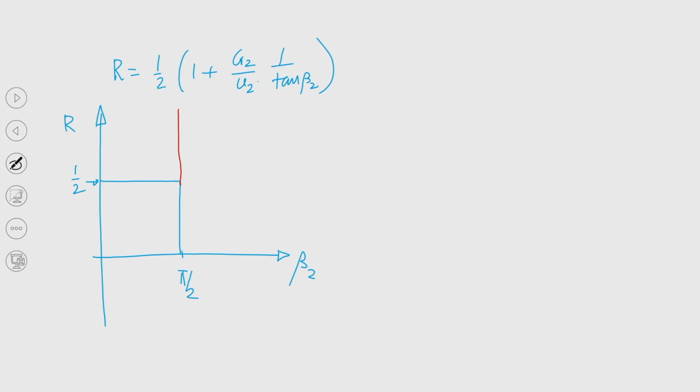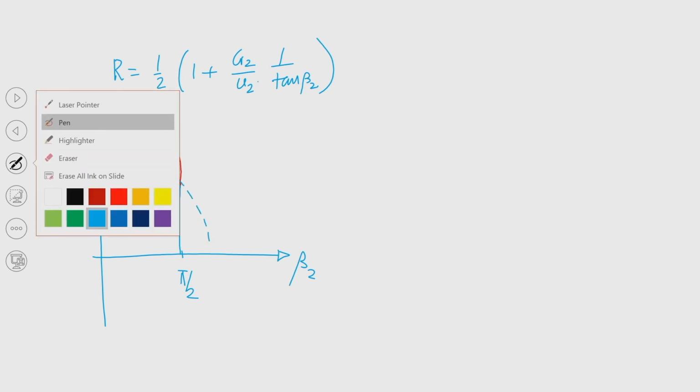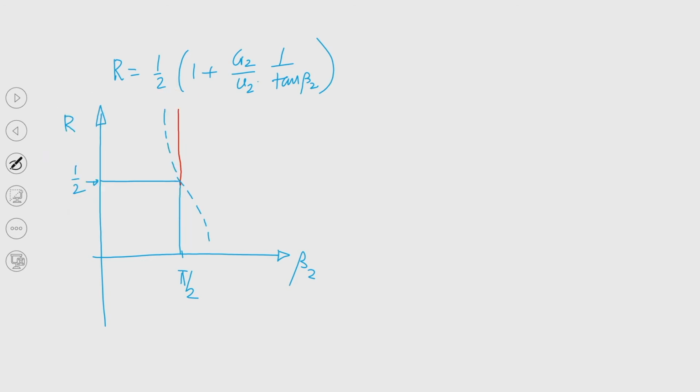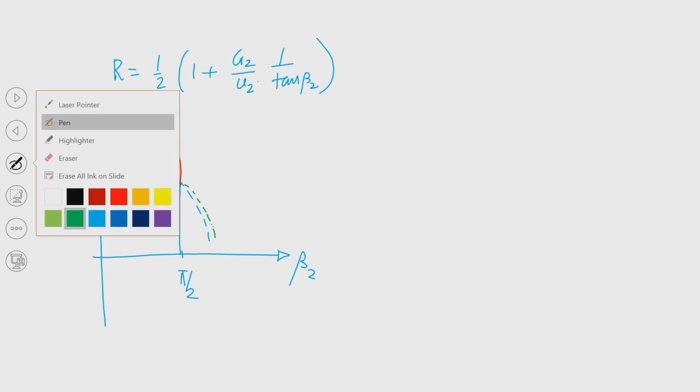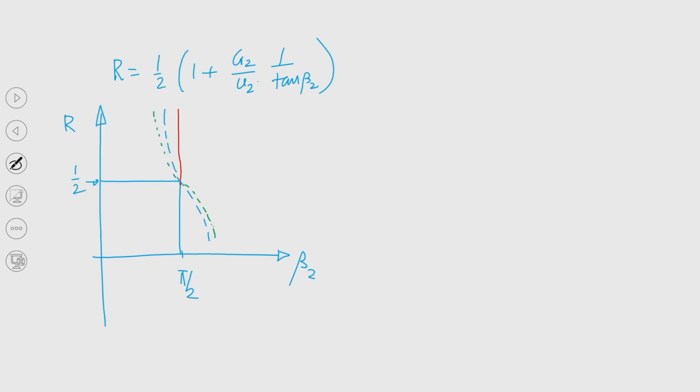Okay. So, what we can do, we can now take these different values of CR2 by U2. I can take a different color. I will write which one is for what. And then I can take another color, that is black.